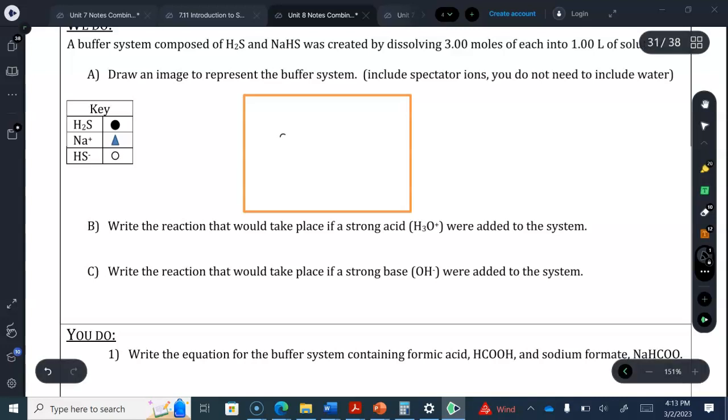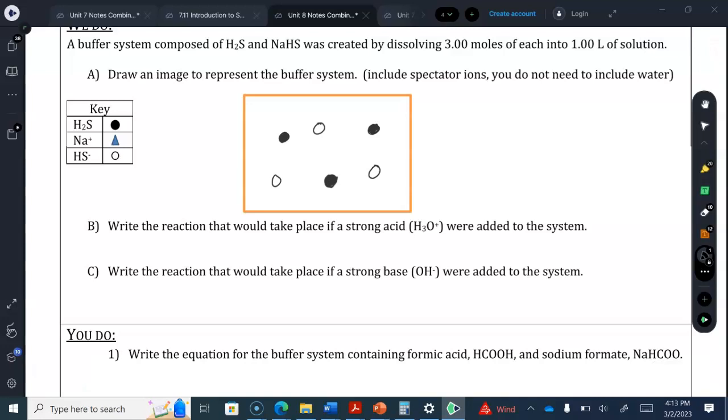So I went ahead and drew 3 moles of my acid, not dissociated. And then I'm going to draw 3 moles of my conjugate base. But for every conjugate base I dissolve, I also have the sodium ion that's floating around as a spectator ion.